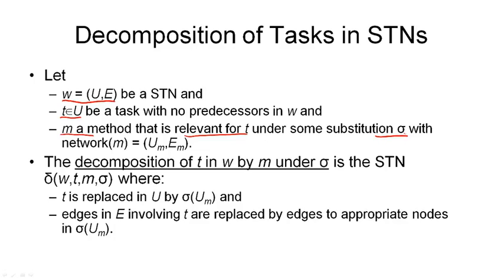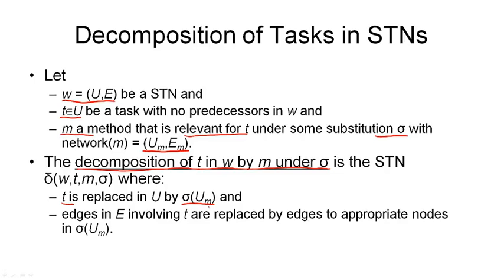And this method itself will have a network consisting of nodes and edges. Then we can define the decomposition of the task T in the network W by method M under our substitution sigma as follows. The first thing we have to do is we replace our task T by the instantiated network tasks that come from our method.